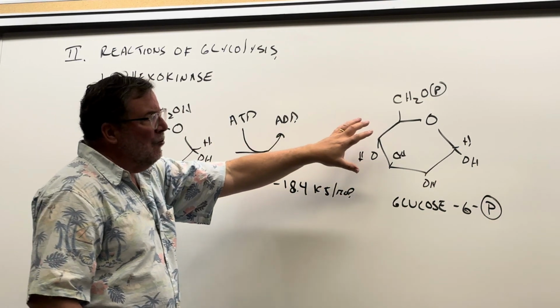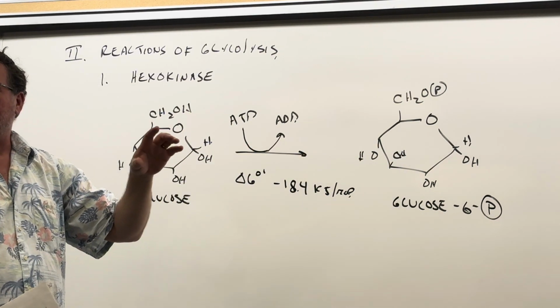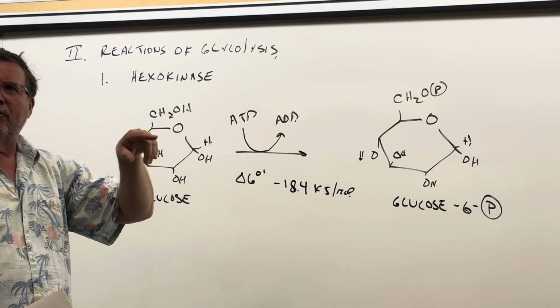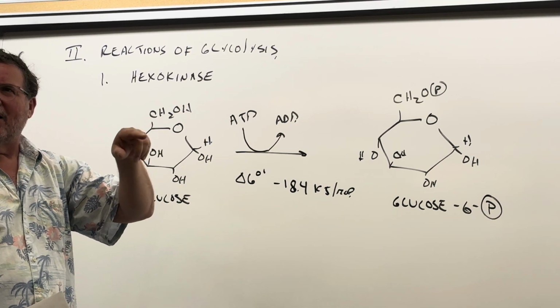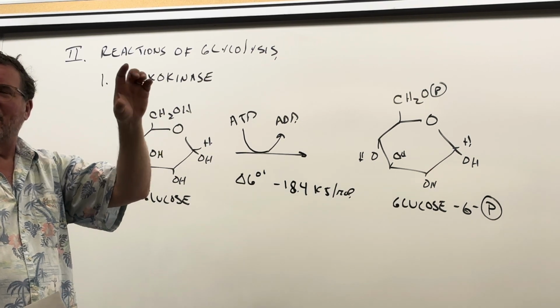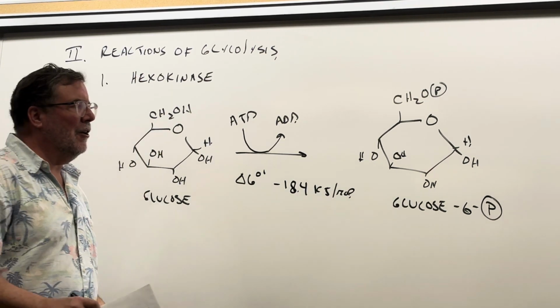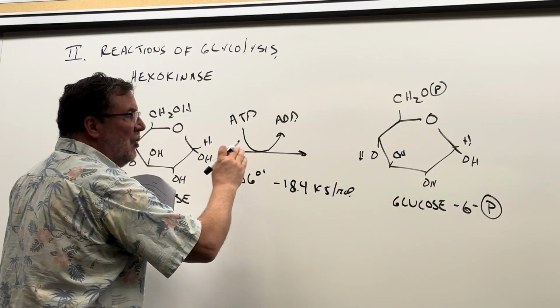So as we consume the product, mathematically, how do we show that? Delta G equals delta G naught prime plus the log of the ratio of the products and reactants. So you can go back and do the math to show that if we consume the products, that's going to shift this.